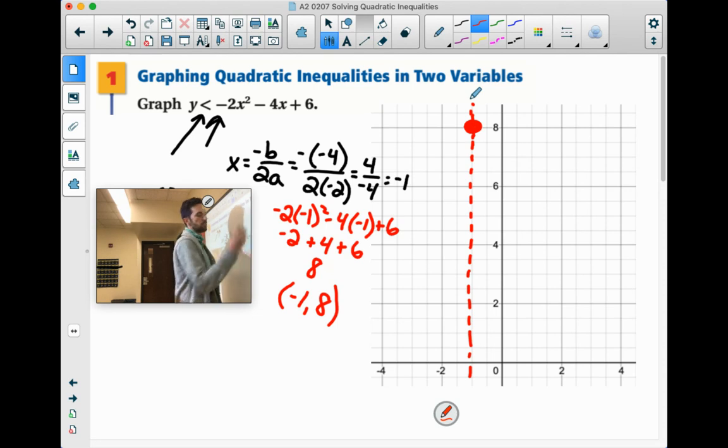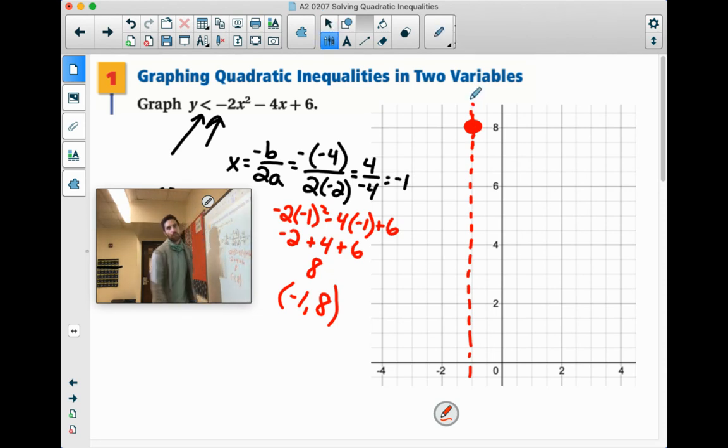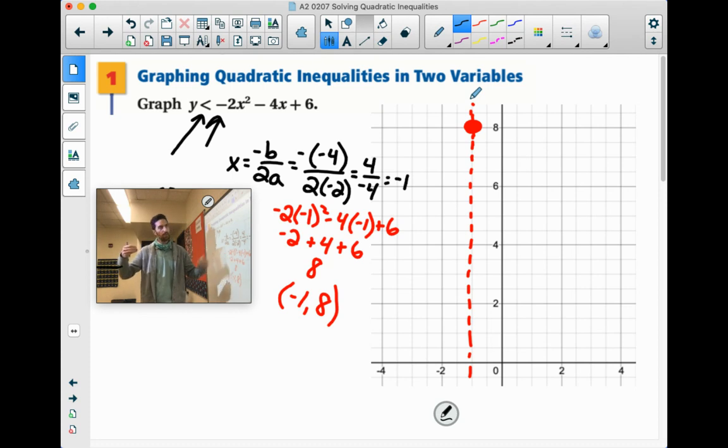That's our vertex. Now remember, ordinarily, if it was just negative x squared, you could go down 1 over 1 in both directions. But since we have negative 2 in the front there, we can go down 2 and over 1 in both directions. Down 2 over 1, down 2 over 1 the opposite way. So this gives us the shape of our parabola.